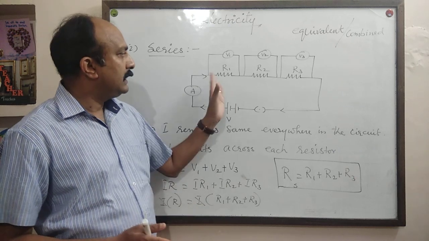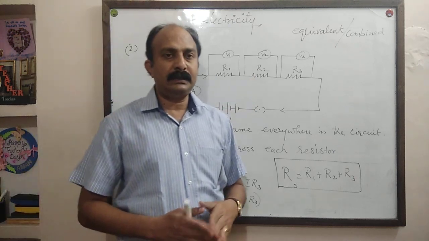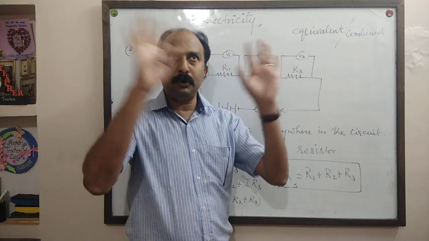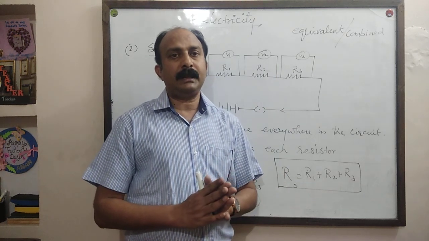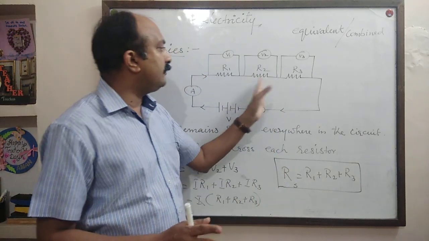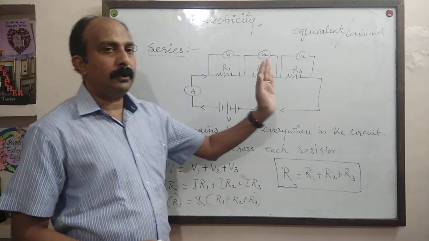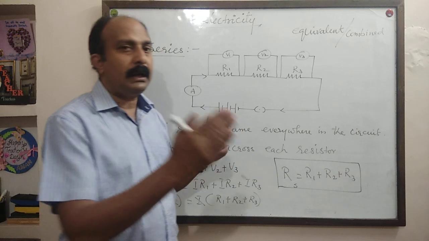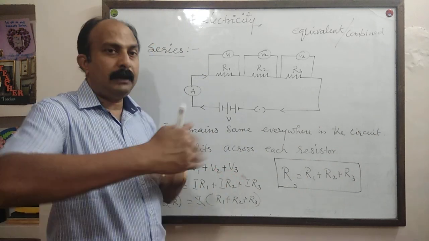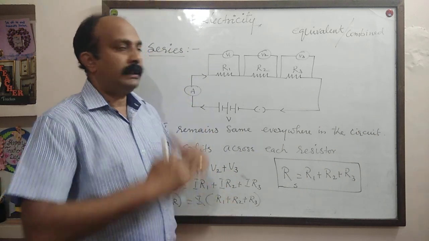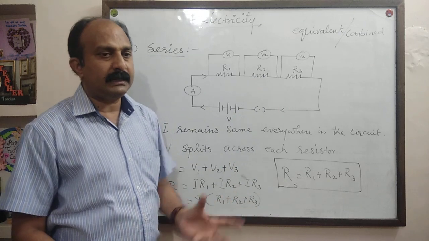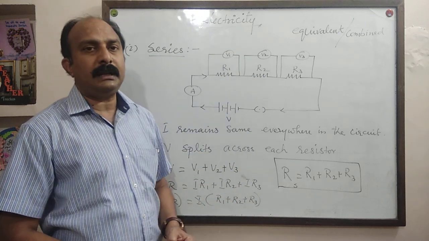And if you connect resistors in this way in normal domestic electric circuits, then the components will not work properly, because as you add more and more R in series, the total R of the circuit will keep on increasing. When the total R of the circuit increases, I of the circuit will decrease.